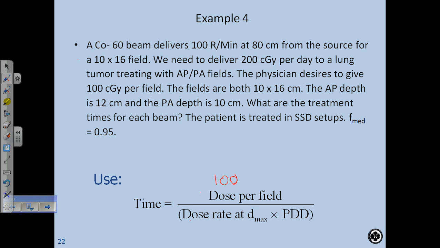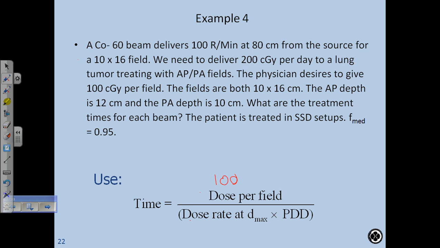You each have a different book. At least they're supposed to be similar, though. You got it? Yes, we do. Okay. This is PDD at 80 centimeter SSD, which is what we're at. Okay.